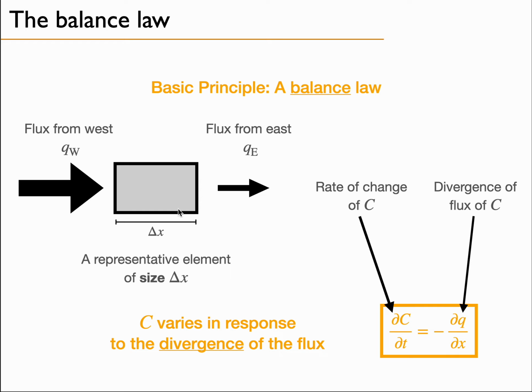So if we want to change the value of a field in this box, for example C, we need to introduce the balance of the flux. So for C to increase, we need to inject more from the west side, for example, than we extract on the east side. So that led us to this type of expression where the rate of change of C is proportional to the divergence of the flux dq dx.